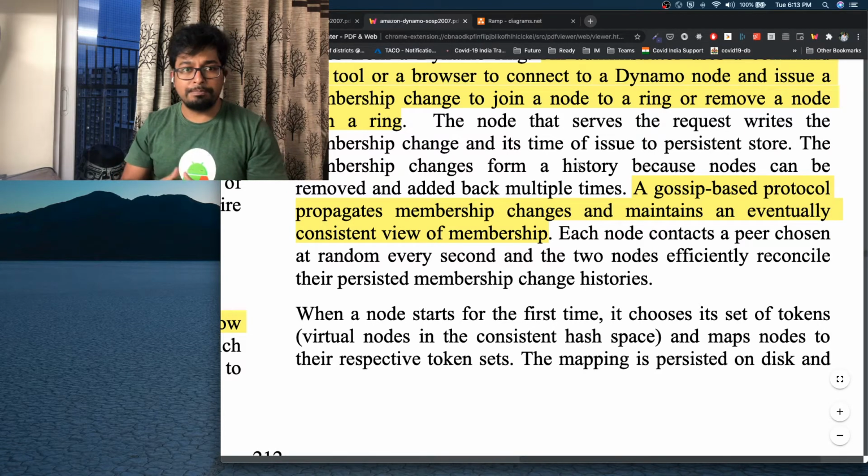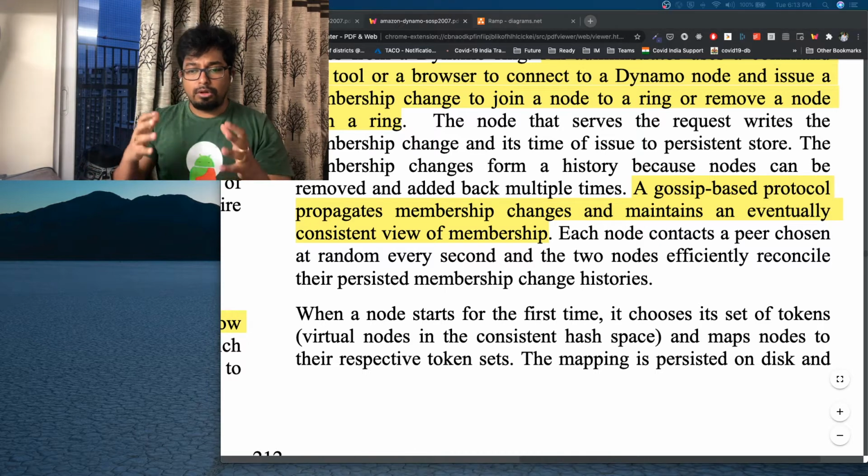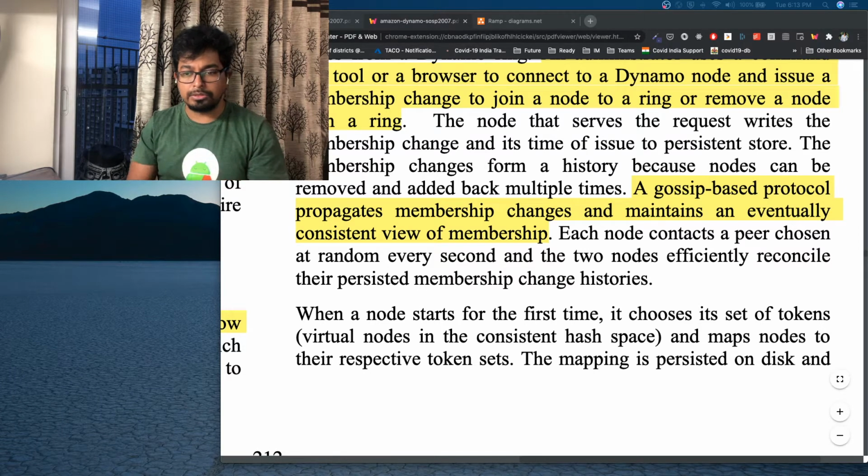Dynamo uses a gossip protocol to propagate the membership changes across all the nodes, which means that all nodes will have membership information. All nodes know that this key is present in this machine. And how does it do that? So gossip protocols are those which maintain relaxed consistency requirements amongst a very large group of nodes. It's a simple concept. Each node sends out some data to a set of other nodes.